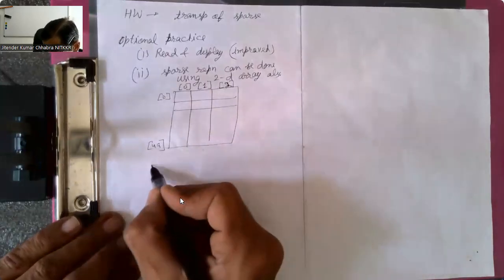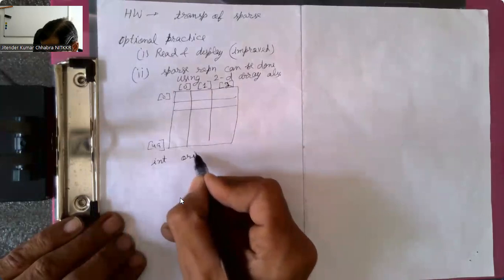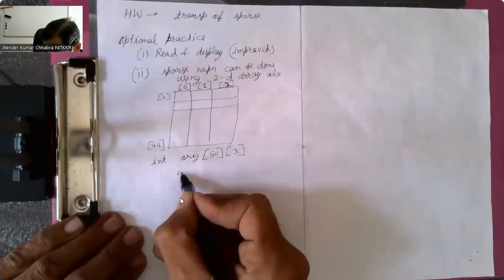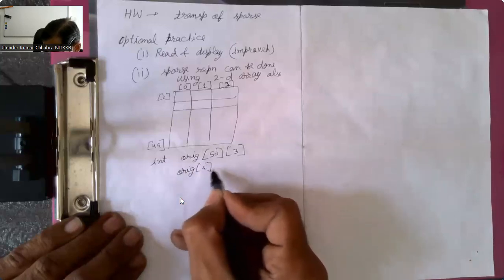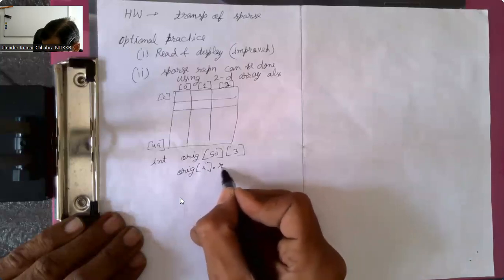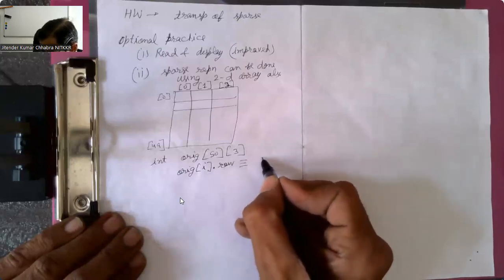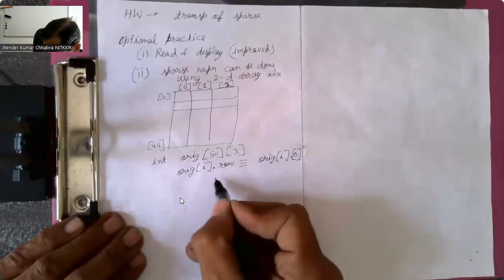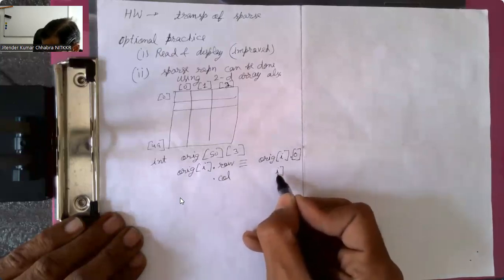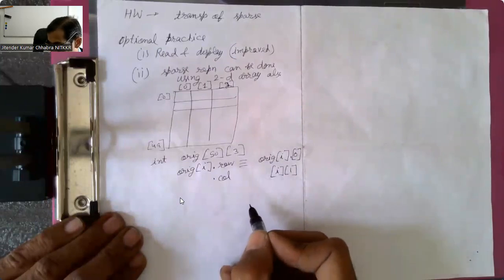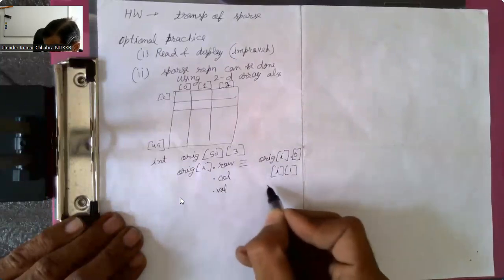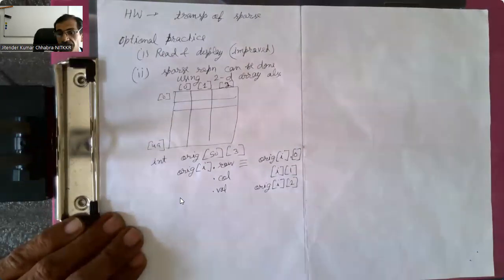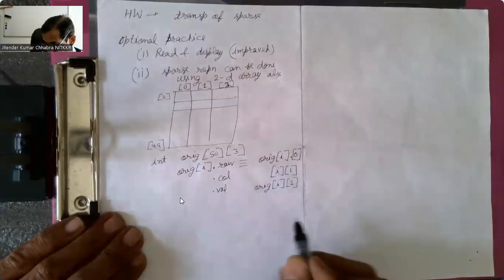So I can say this will be nothing but int original[50][3], where any original[i].row which was earlier used is equivalent to now original[i][0]. Similarly, dot column is nothing but original[i][1], and dot val is equal to nothing but original[i][2]. That's it. So instead of having a structure, I can also use this.